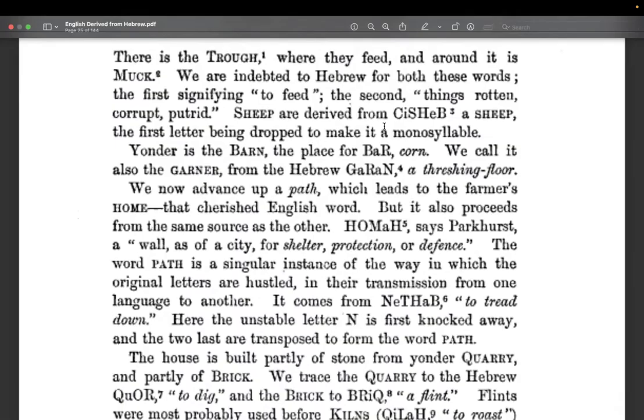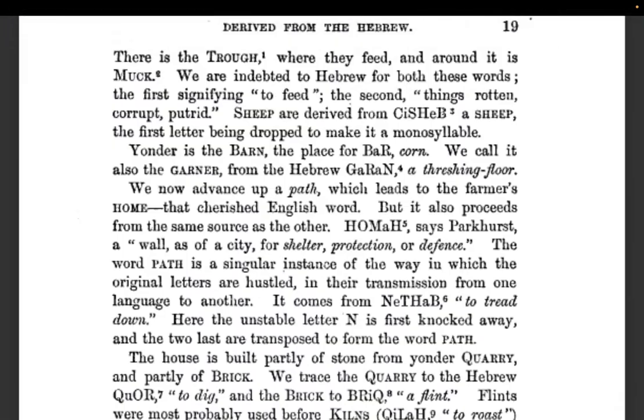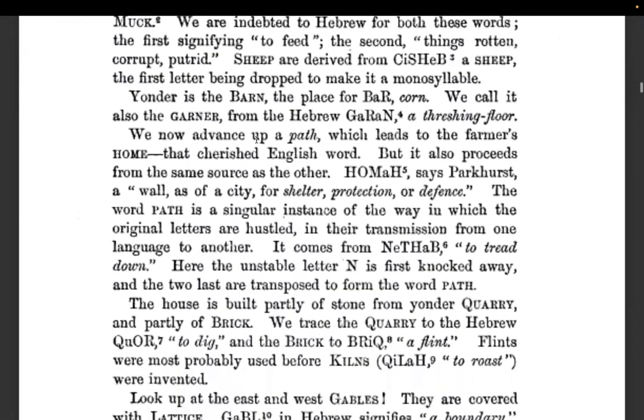Sheep are derived from keshib, a sheep, the first letter being dropped to make it a monosyllable, and then the B becoming a P. Yonder is the barn, the place for the bar, corn.